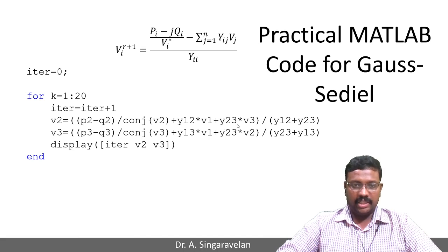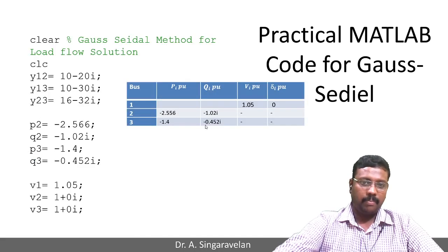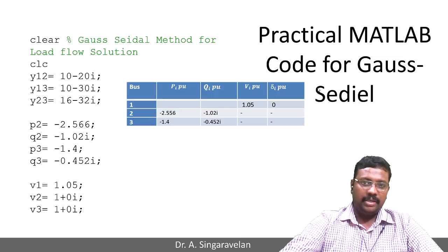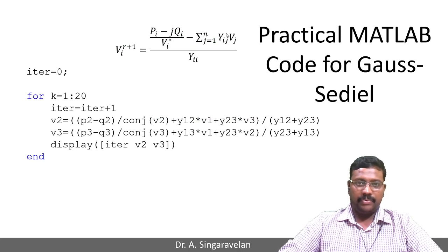So what are all the nearby values? For example, here I am finding this bus 2. For this bus 2, what summation do I need to take? I need to take Y12 and Y23, and each should be multiplied with the voltage. The initial voltage value is 1. So Y12 is multiplied by V1, and Y23 multiplied by V3, divided by Y22.